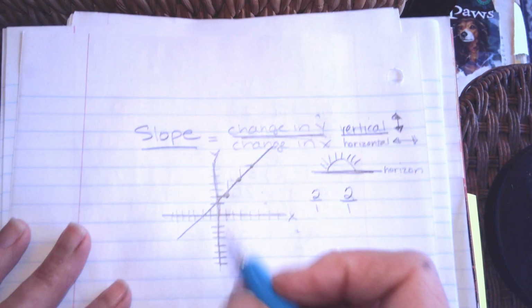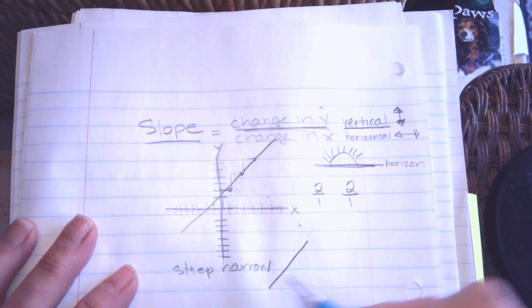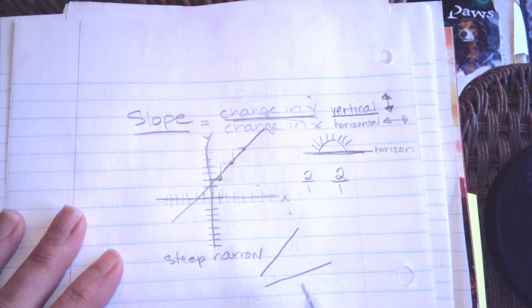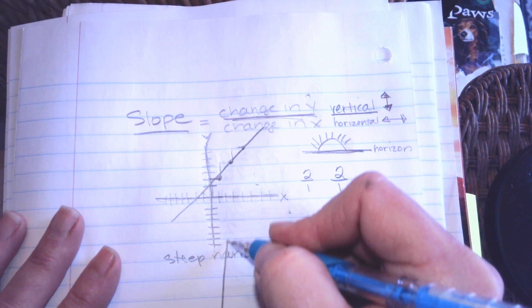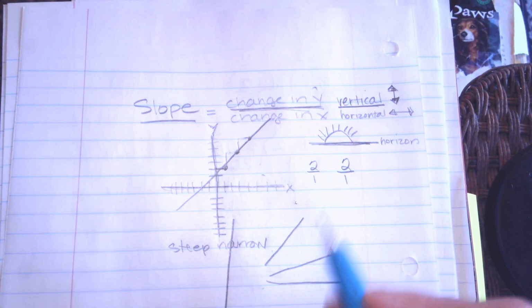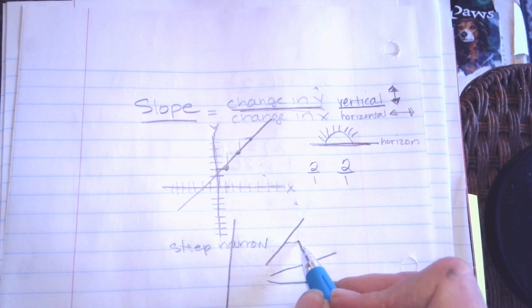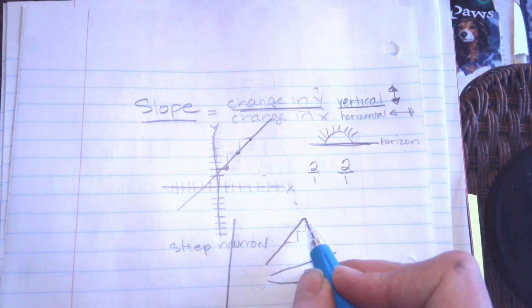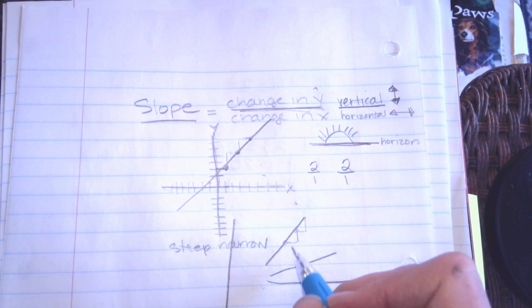The slope means how steep or narrow the line is. So some lines might be like this, some might be like this, some might be like this. Some might be a really steep line that's almost like a straight vertical line. And we can figure out what the slope is by doing that exact thing, and every point would join here to show us what it is.